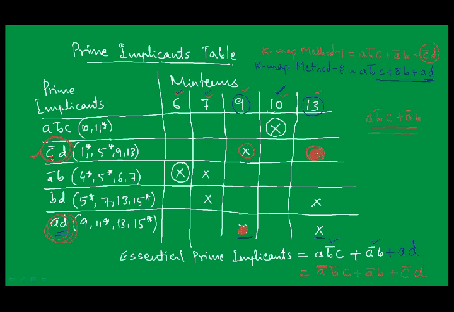So in that case you have to write C bar D, right? If I write only C bar D, then it covers only one minterm, that is 9, right? I need to cover one more minterm, which is 13, that will be covered by either BD or AD. So along with this I have to write either BD or AD, right? So this is the trickiest part I had in this problem. I hope you understood this tricky part.